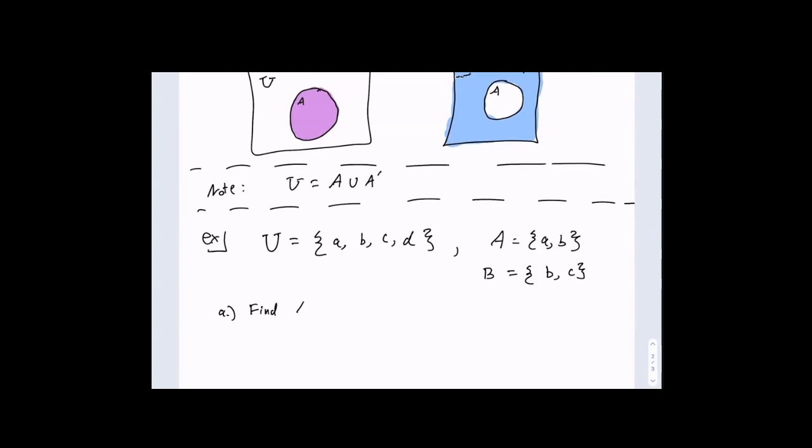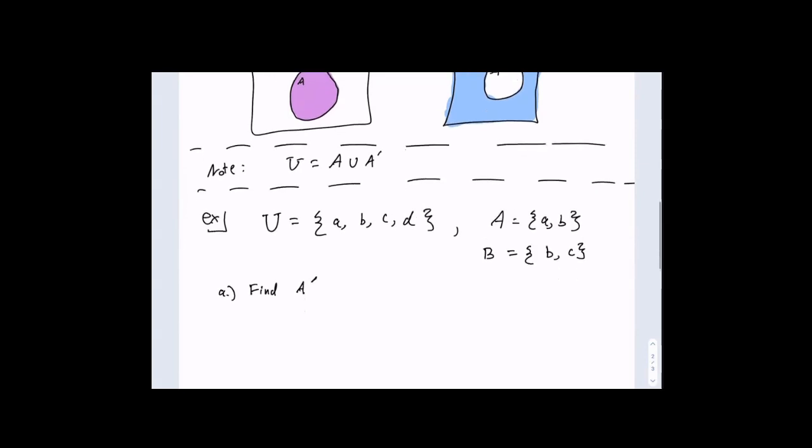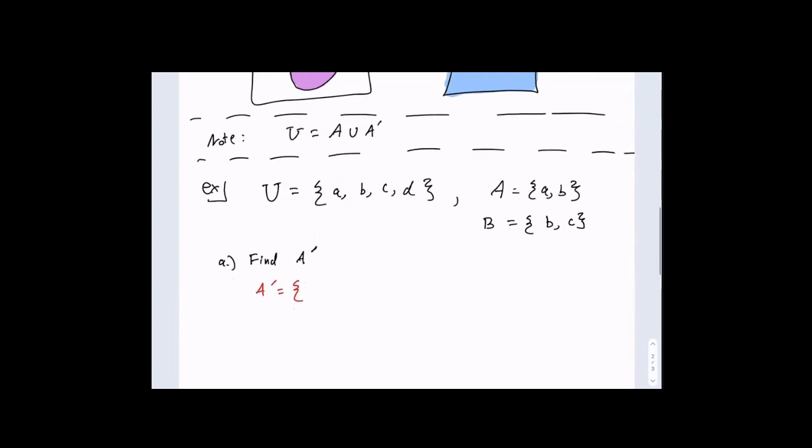Let's find A prime. So if A is the elements A and B, what would A prime be? What would be the complement to A?